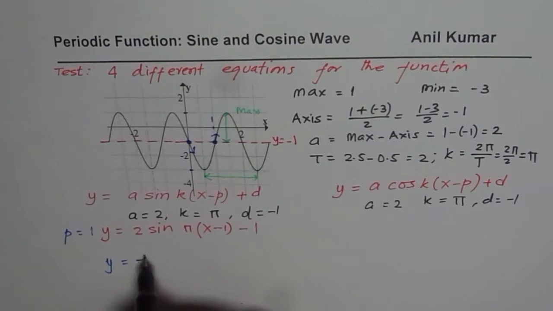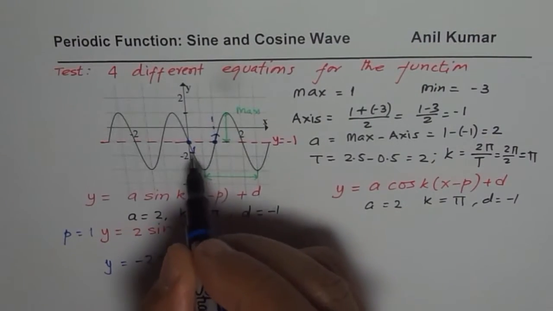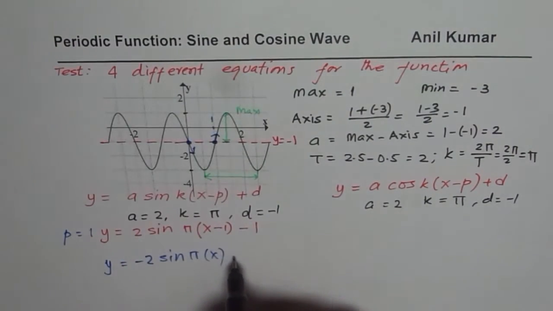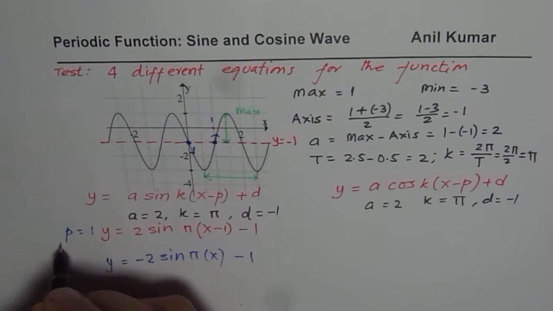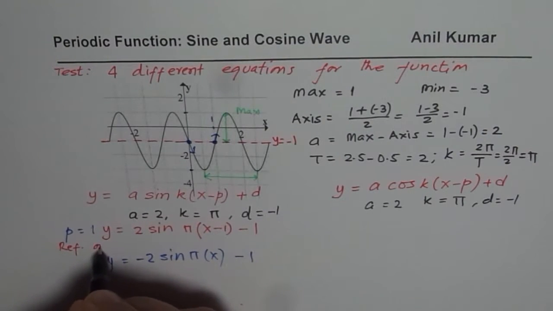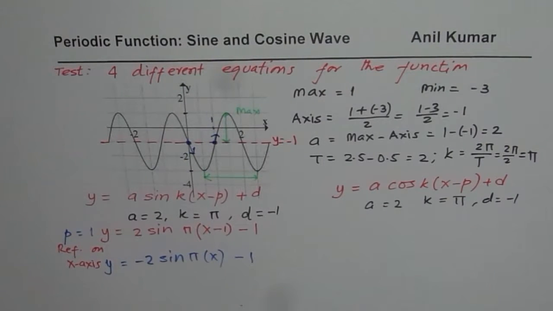So starting negative, we'll write minus 2 sine pi x. Since there is no phase shift for the wave which is reflected in this case, that becomes our second equation, correct? So this is for the one which is a reflection on the x-axis. Do you see that? So we got two different equations for the sine function.